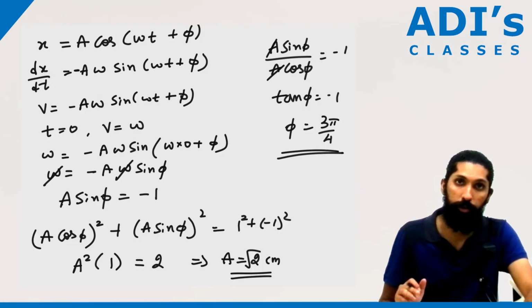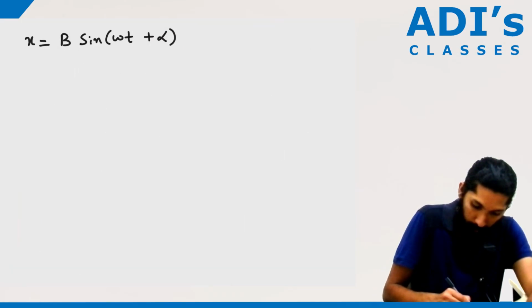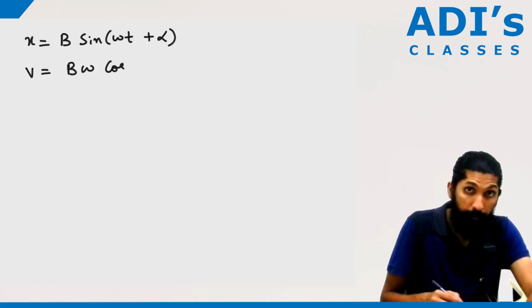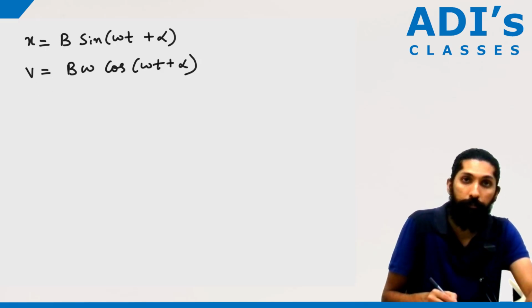Suppose we use the sine function, then x is equal to b sine of omega t plus alpha. Again differentiate, so v is equal to b omega cos of omega t plus alpha.